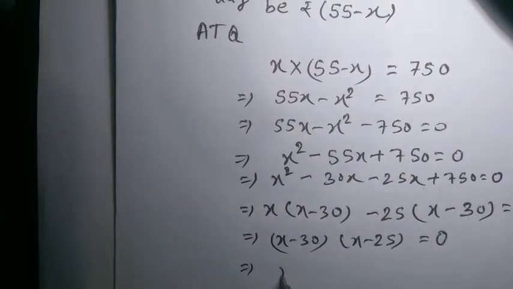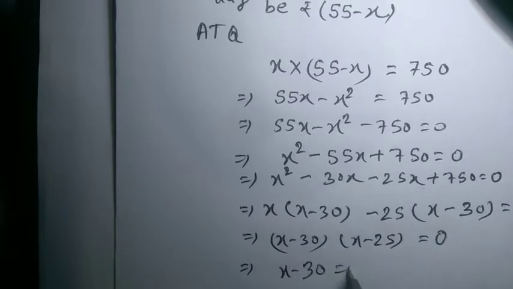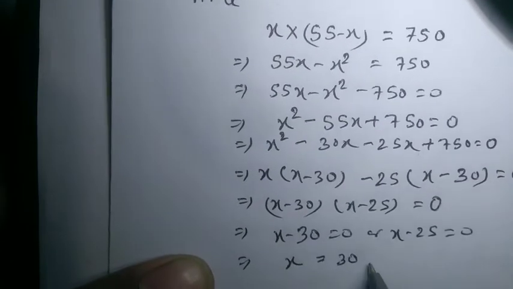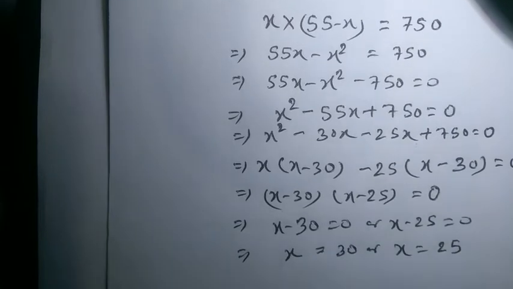Implies x minus 30 is equal to 0, or x minus 25 is equal to 0. Implies x is equal to 30 or x is equal to 25.